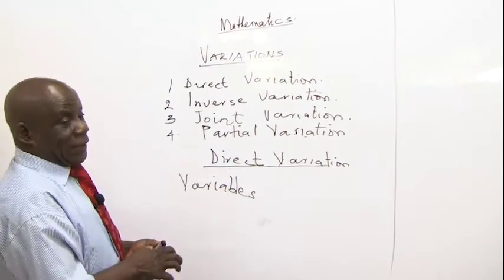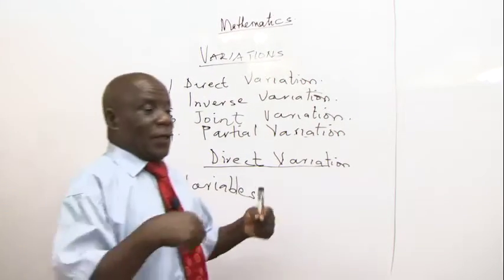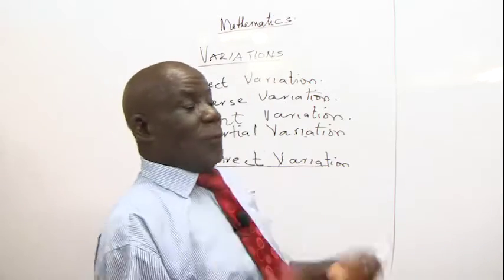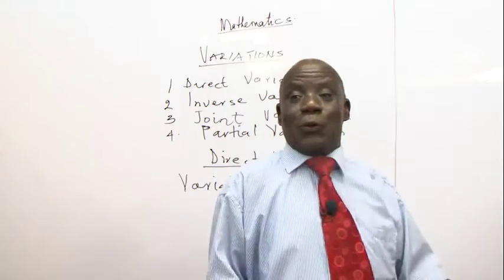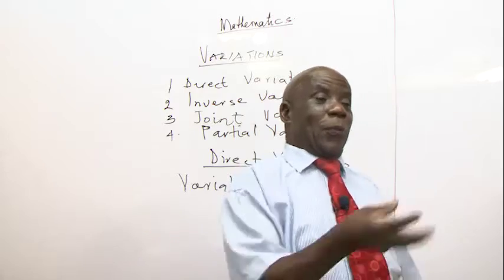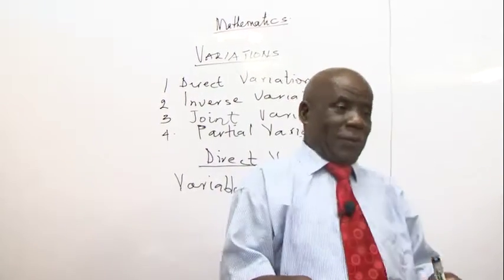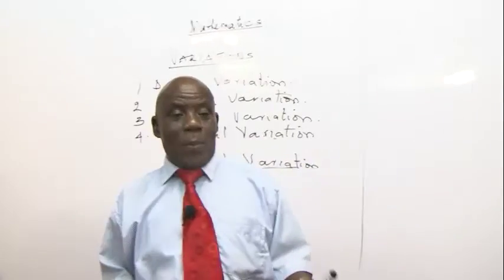I gave you an example of variable before. I said your height, your weight, your age. Another example of variables, those of you that are used to going to the bookshop to buy books. If the price of a book is reduced, you may be encouraged to buy more.